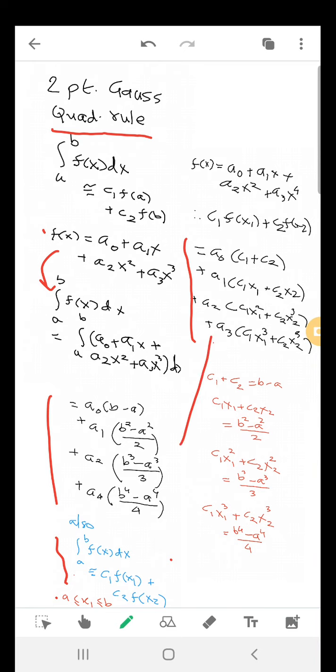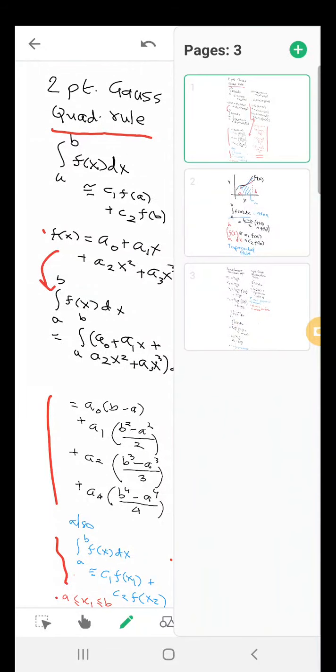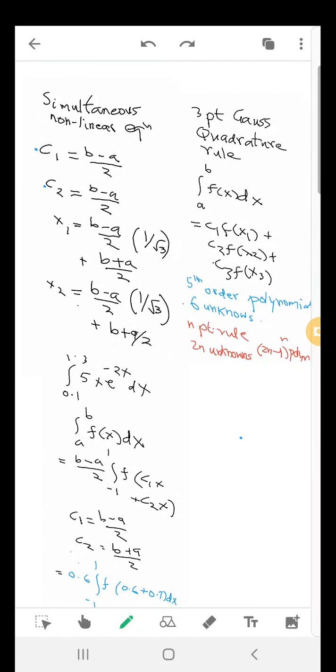If you compare these two expressions, we get these values, and on finding the solution, you get the following simultaneous nonlinear equations, where c1 is (b minus a) by 2, and c2 is also (b minus a) by 2. We have different values of x1 and x2.